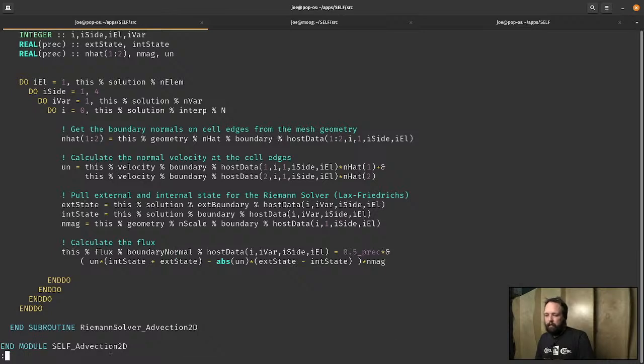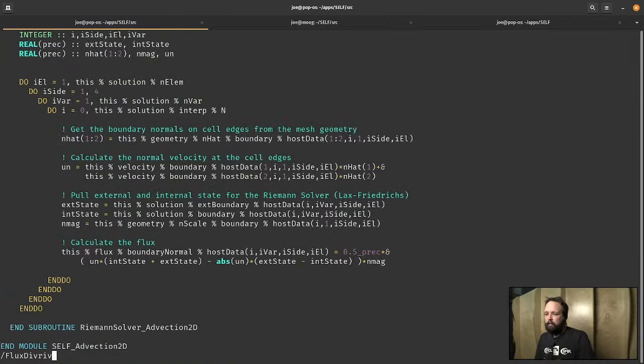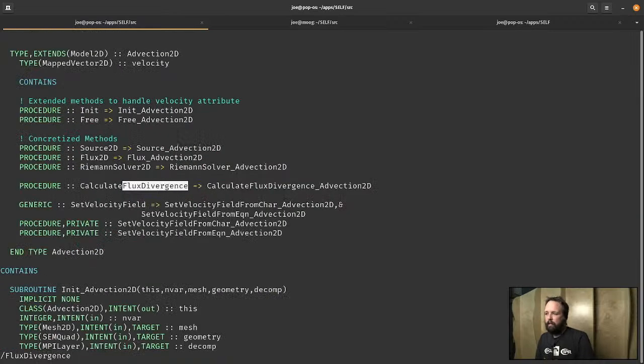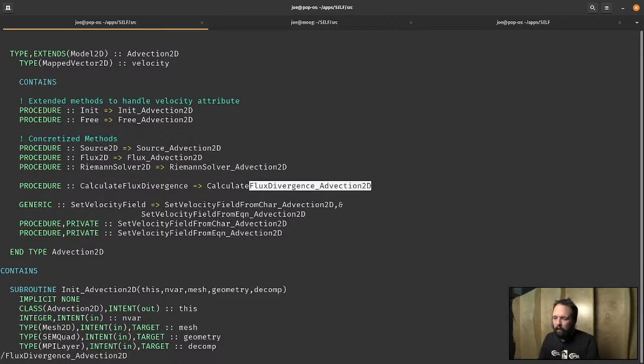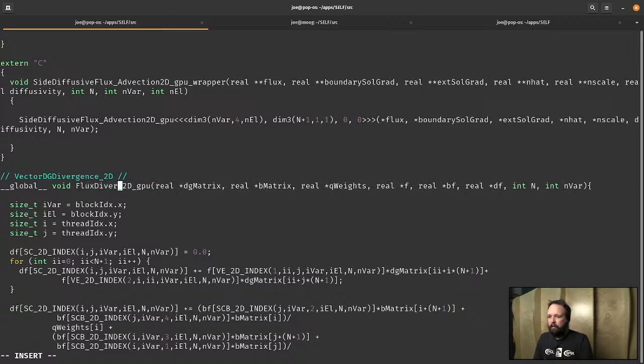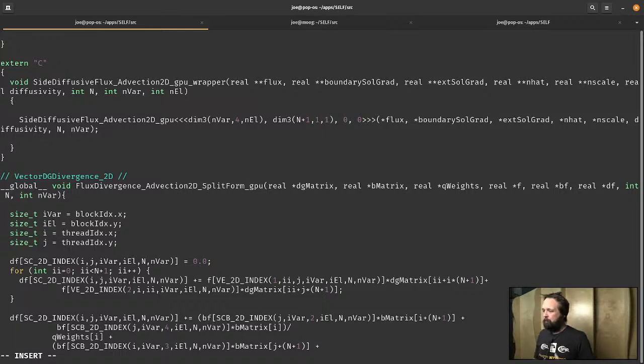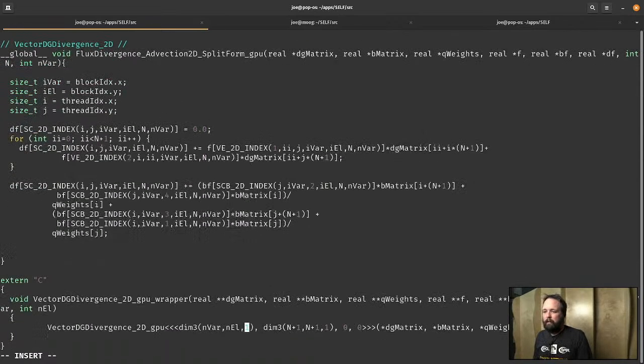So the flux divergence advection 2D. Yeah, you know what? I'll leave that the same. But in the routine that I make up here, I need to make sure this is split form, just so I know it's split form rather than conservative form. So we'll change that name down here as well.